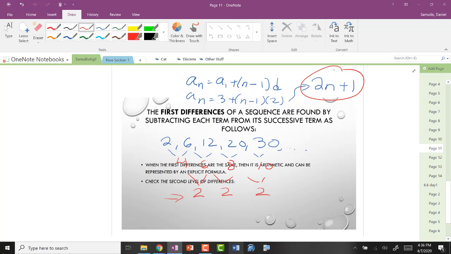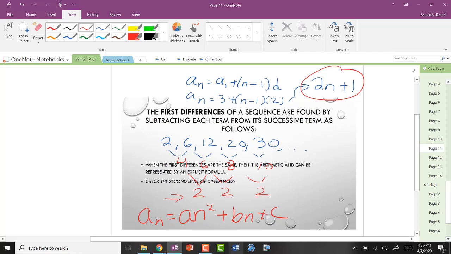So we are looking to write the equation in terms of this: a sub n equals an squared plus bn plus c. It looks like a quadratic function because that's what it is.